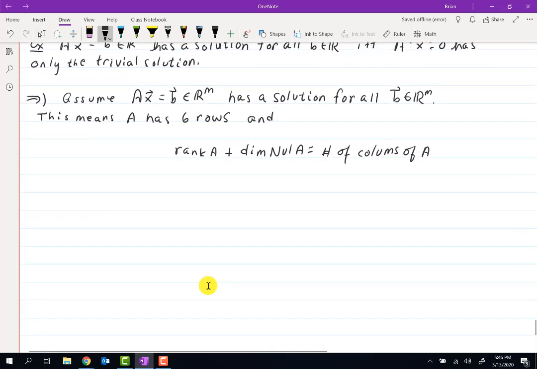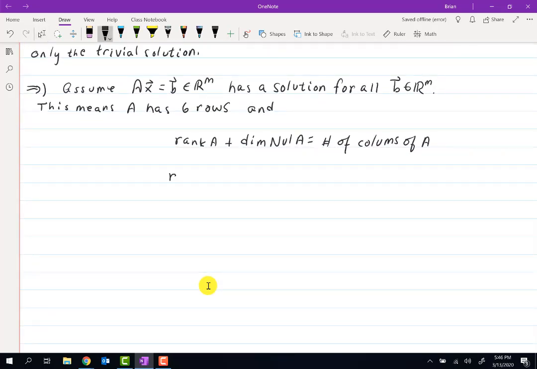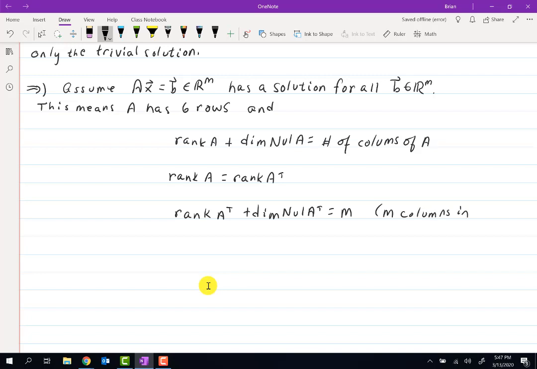I do, however, know that rank A equals rank of A^T, and since I know that, I also know that rank A^T plus dim null A^T equals m, because there are m columns in A^T, since there were m rows in A.